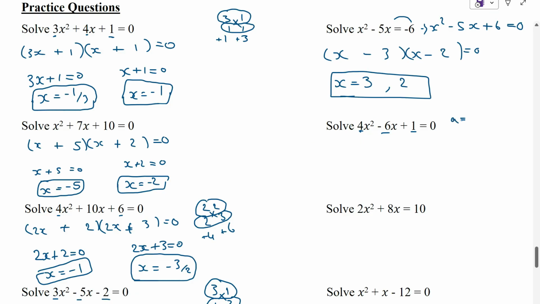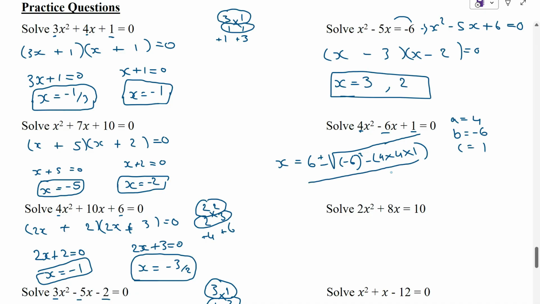So a is 4, b is -6, c is 1. So x equals minus b, so +6, plus or minus the square root of b squared minus 4 times a times c, all over 2a, which is 8.